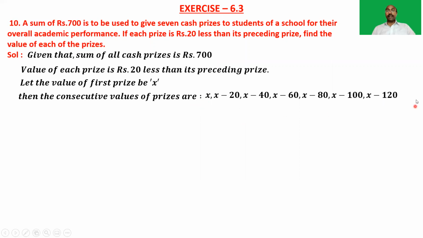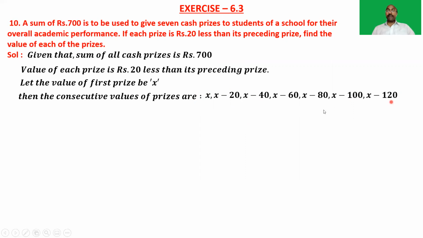These are values of 7 prizes starting from x and decreasing by 20 for each prize. Okay, x, and by decreasing 20, we get x minus 20, again by decreasing 20, x minus 40, again by decreasing 20, x minus 60.